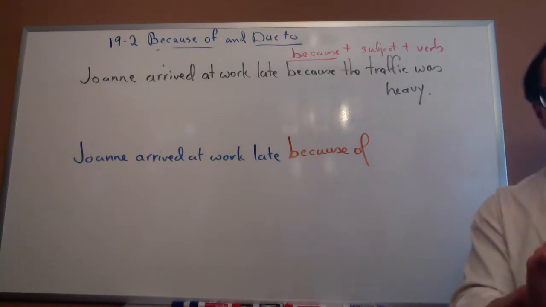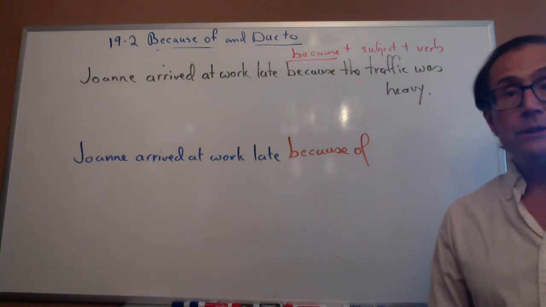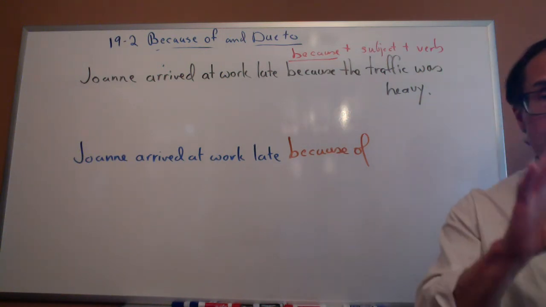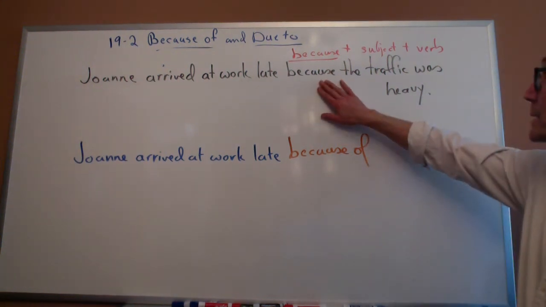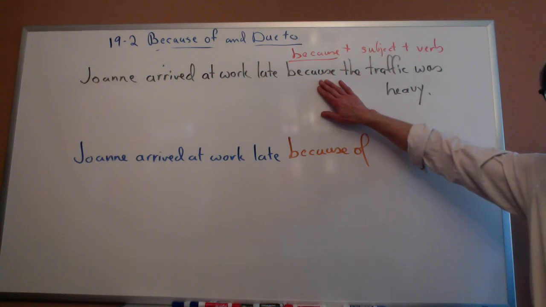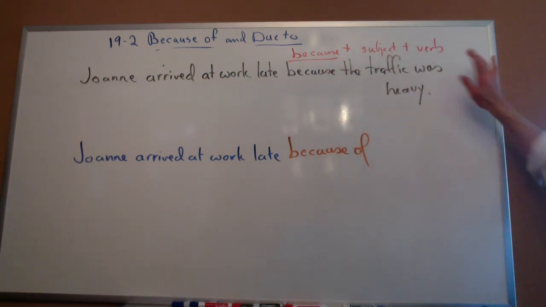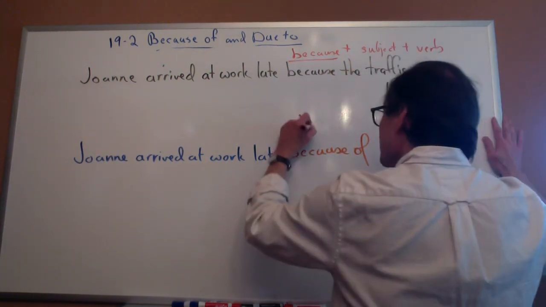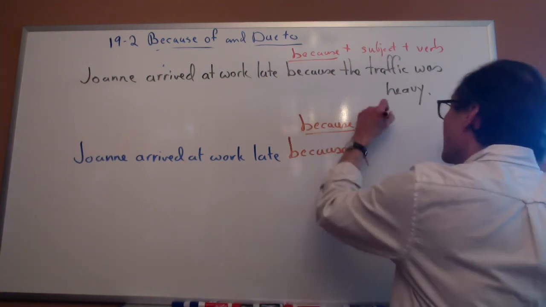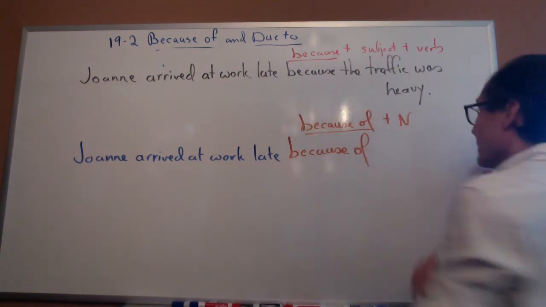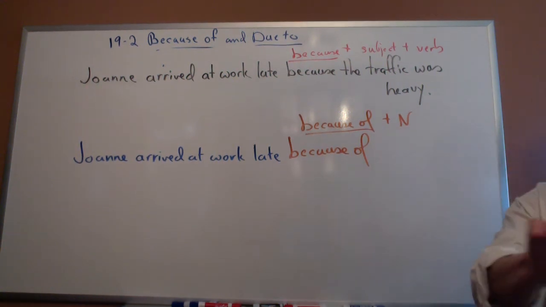So the meaning is the same, but we use them differently. Remember, when I use because, I'll have because plus subject plus verb. Because of is different: when I use because of, I'll use because of plus noun, no verb.